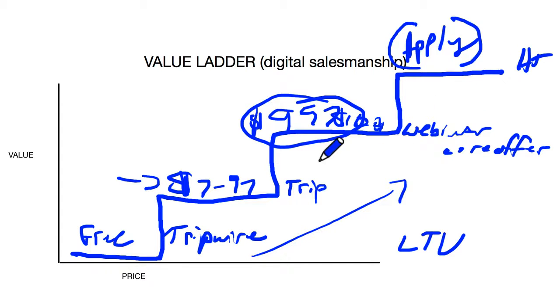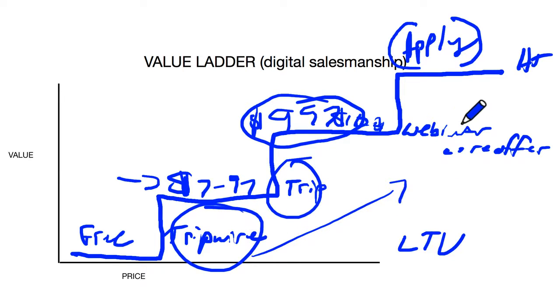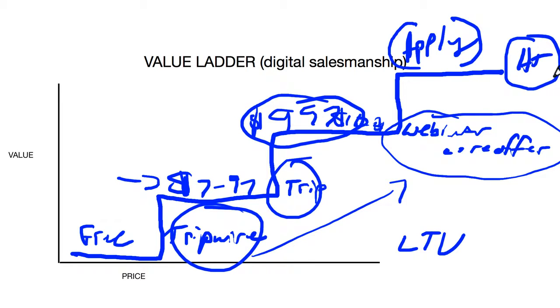So this is how you stack your sales funnels. You build your tripwires, all right. Then you organize your webinar, and then you construct a good high ticket offer, and you link them all together so that your sales value ladder is basically your digital salesmanship, is what I like to call it, because each one of these funnels is like your own little digital person out there selling for you.